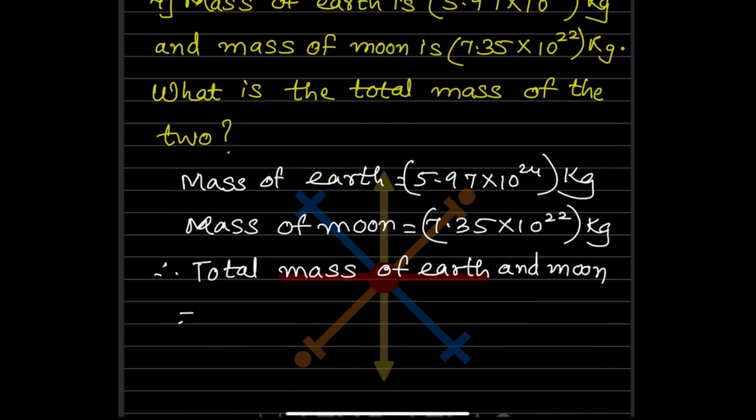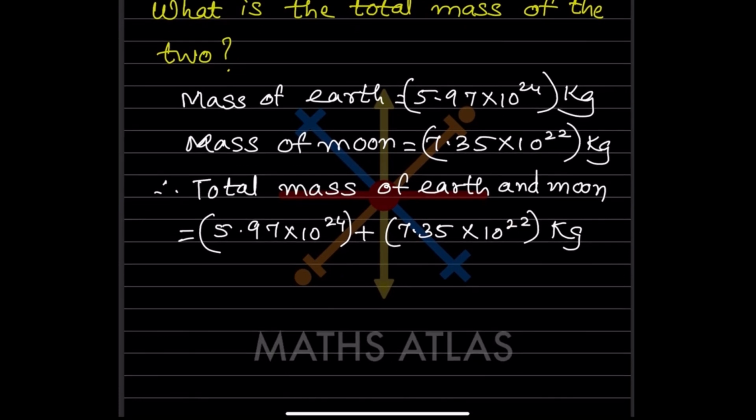So this will be 5.97 into 10 raised to 24 plus 7.35 into 10 raised to 22. This is in kilogram. So now we can write 5.97 as 597 divided by 100, because after decimal there are two numbers, into 10 raised to 24. Now 7.35 we can write here 735 divided by 100 into 10 raised to 22.